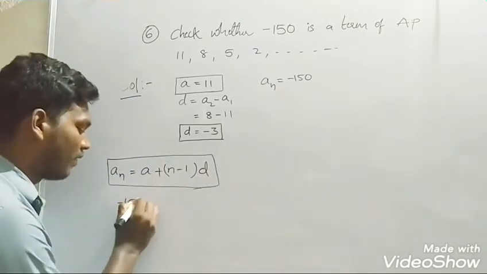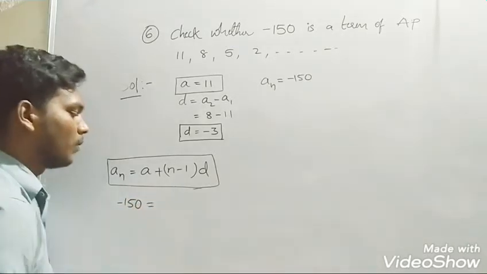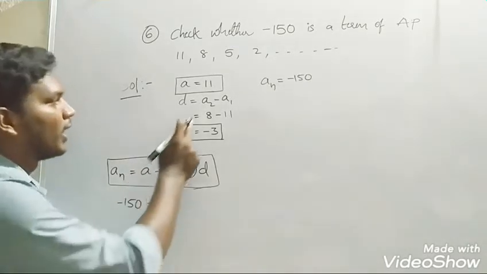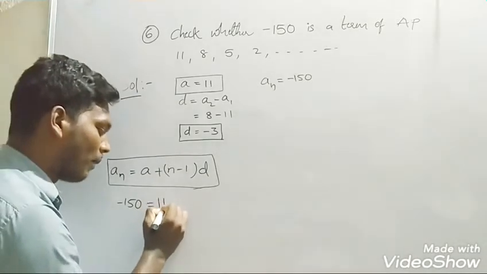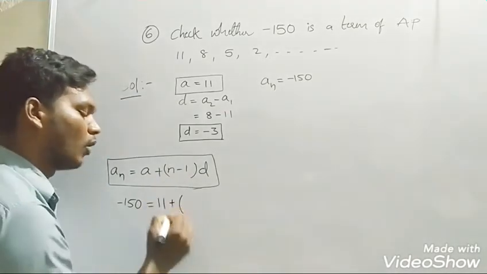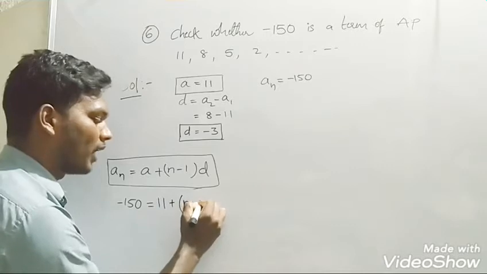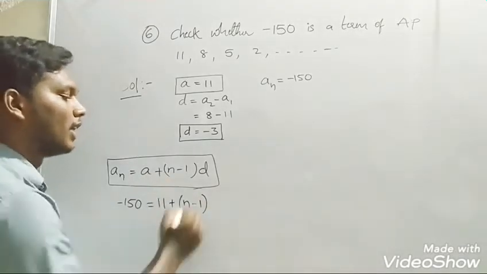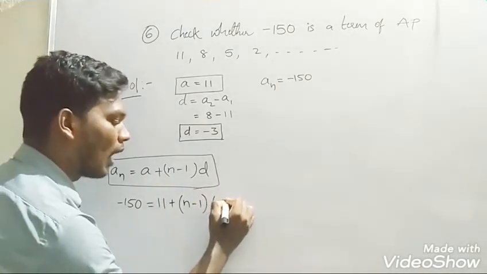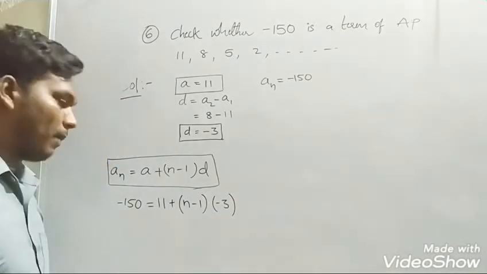So minus 150 is equal to, A is 11, so I am writing 11 plus n minus 1 into d. N we don't know, so I am writing n as it is. D is the common difference, which is minus 3.